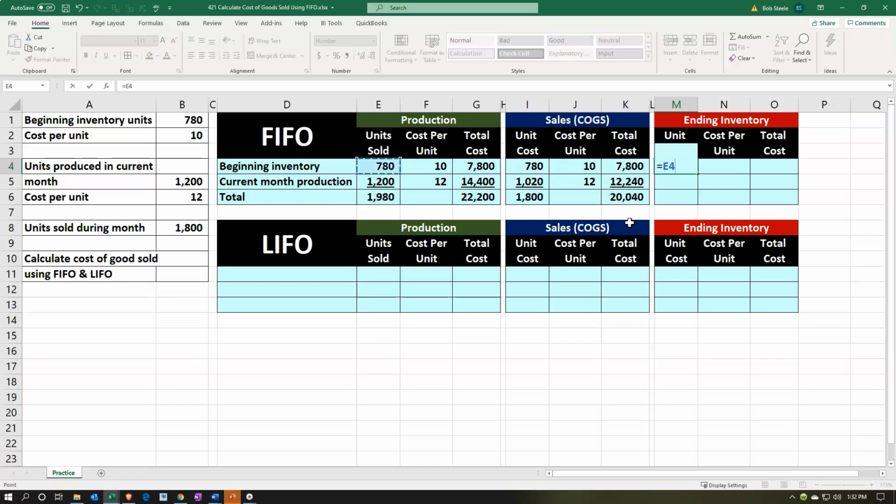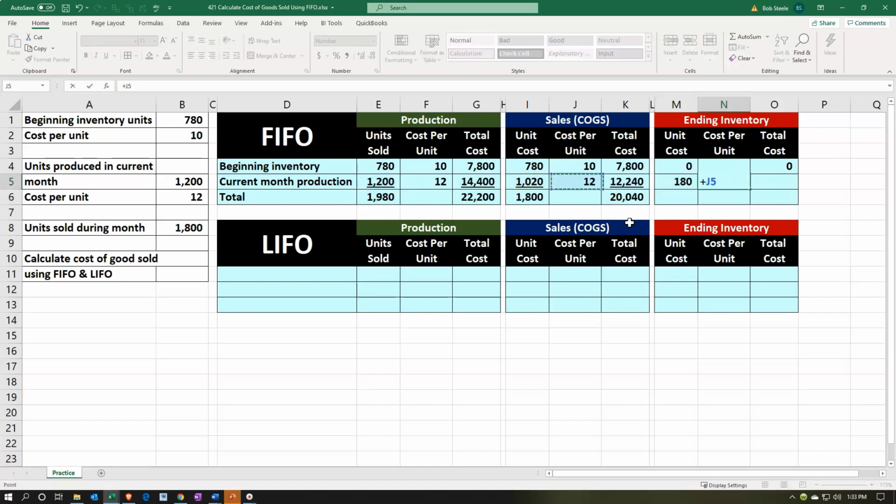So it would be this number minus this number at the $10 have now been wiped out and are now zero. 0 times 10 is 0. And then of these units, this will be equal to the 1,200 minus the 1,020.